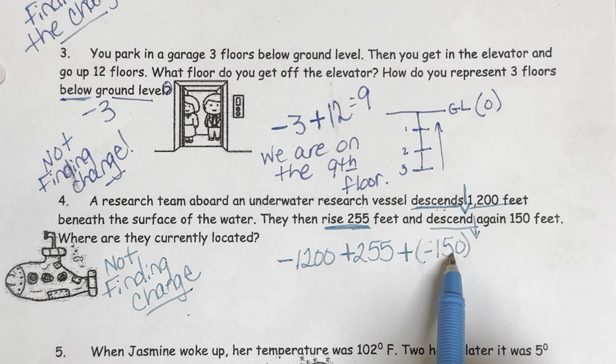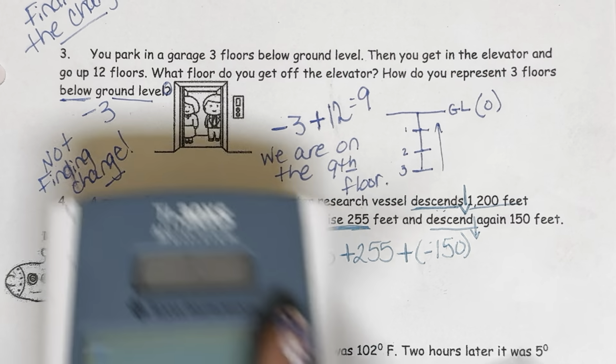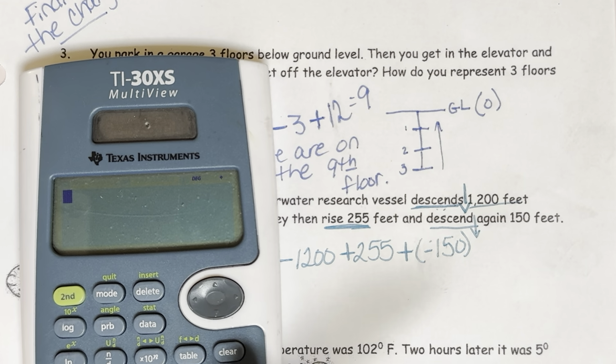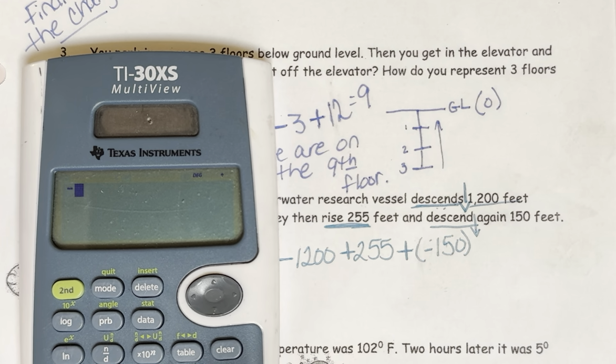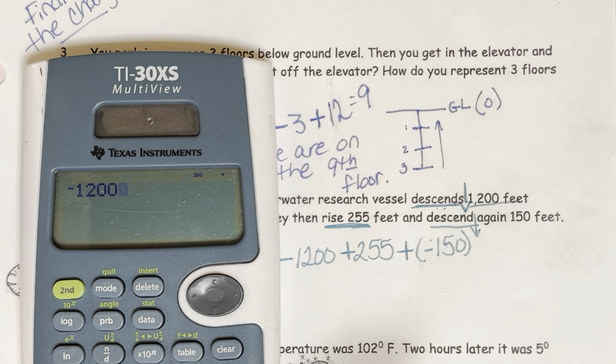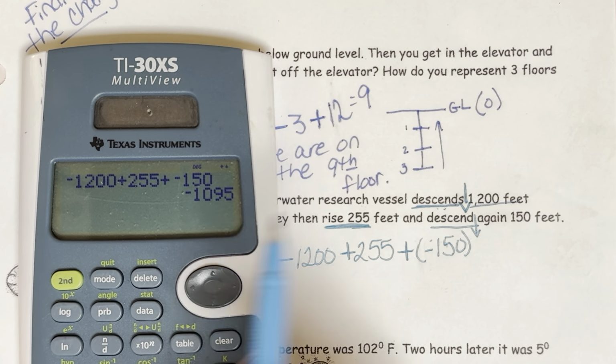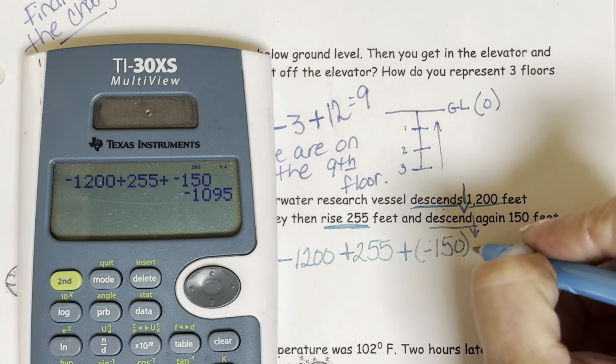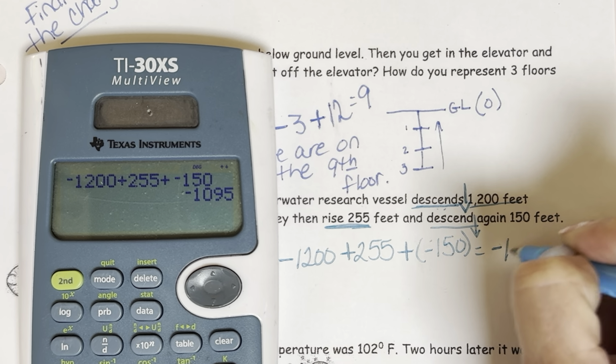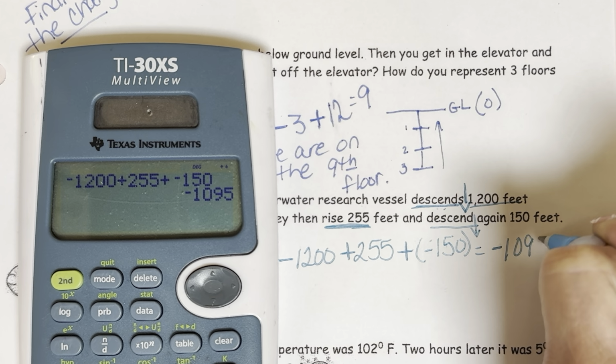Once you get to that point, you're going to put it in the calculator. Negative 1,200 plus 255 plus negative 150. And we get a negative 1,905.